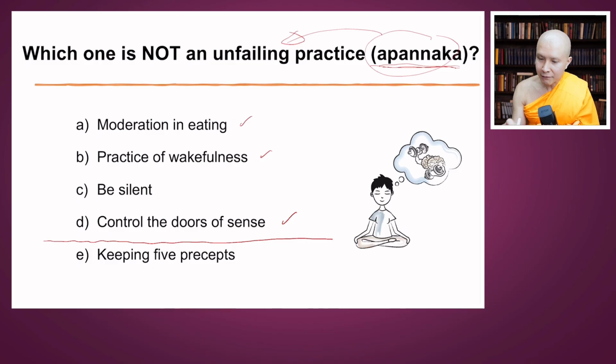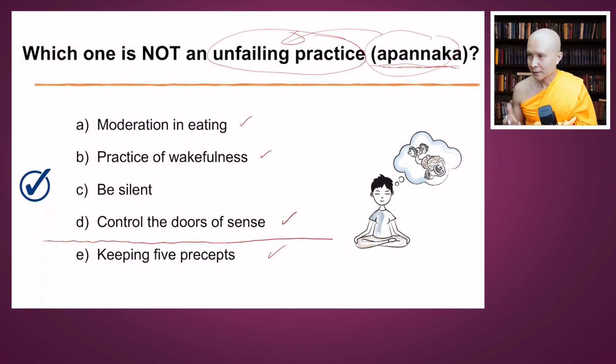You need to know unfailing means if you're following this or if you have this quality, you cannot fail in anything in life. So keeping 5 precepts, of course, is going to add on to whatever you do. That is why now you can eliminate the choices that might not be correct. So the answer is C, right?